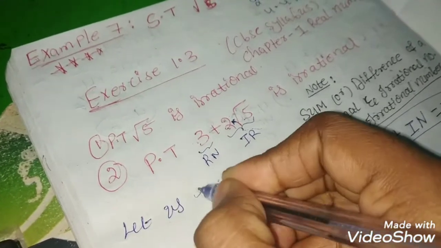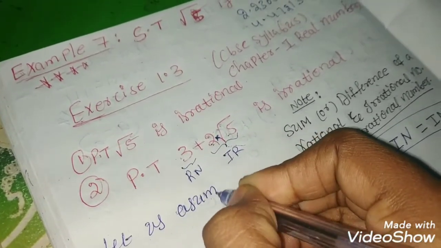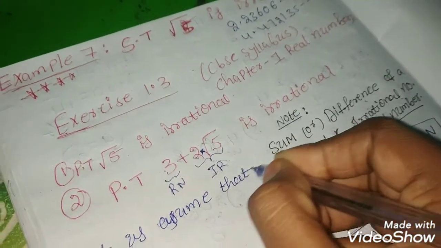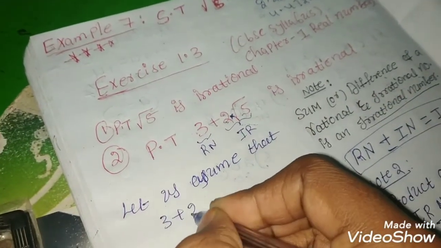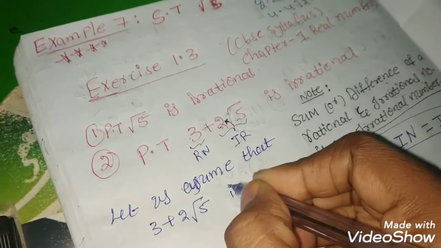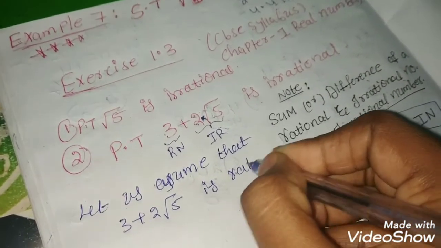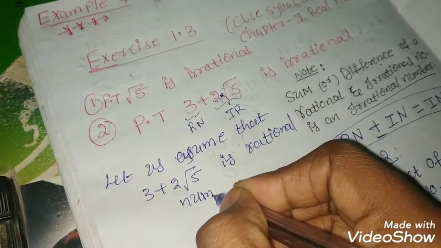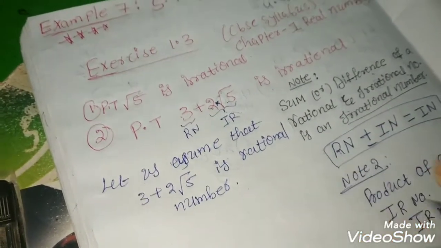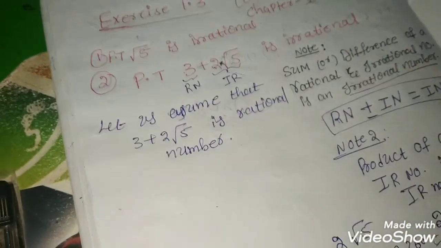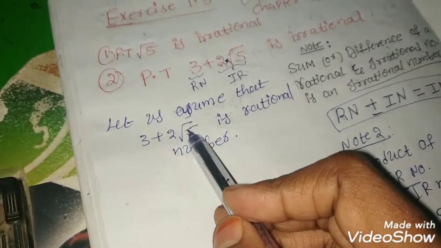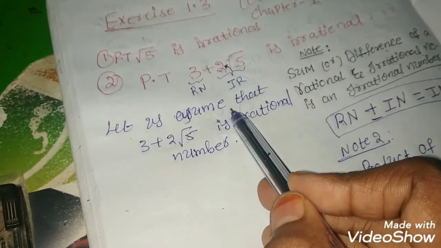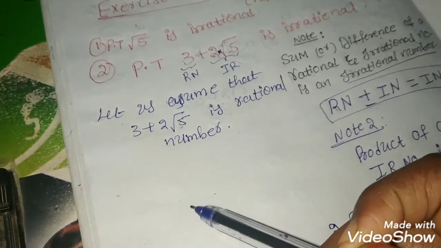Let us assume that 3 plus 2 root 5 is a rational number. We have to show the contradiction, because we know that this is an irrational number. So to give the proof, we make the assumption that this is a rational number.